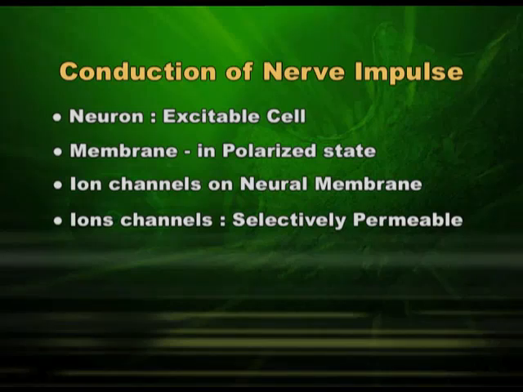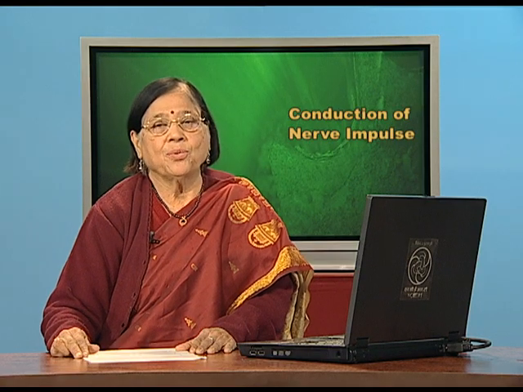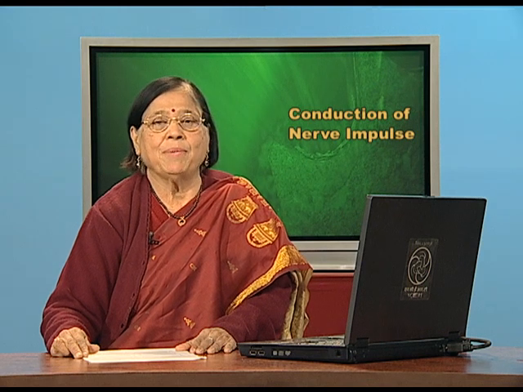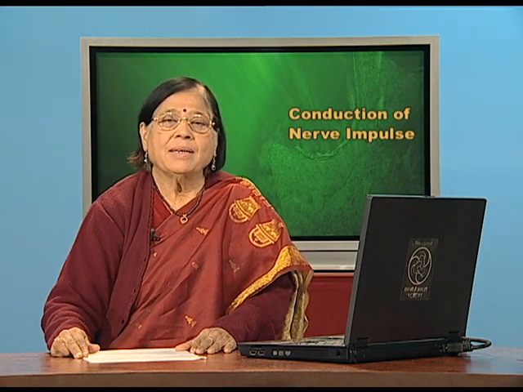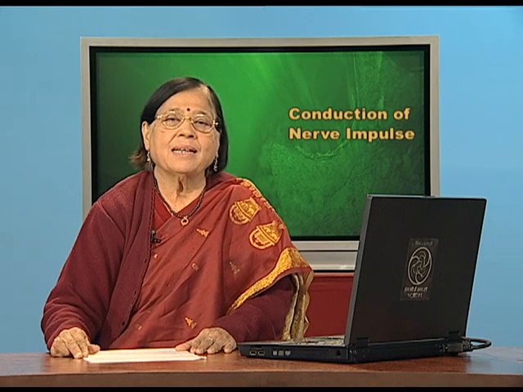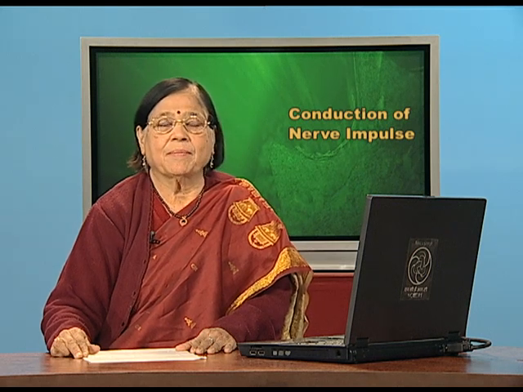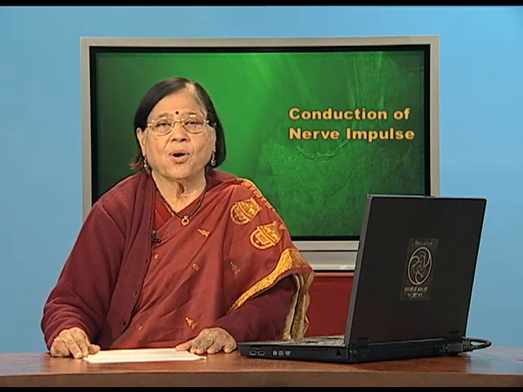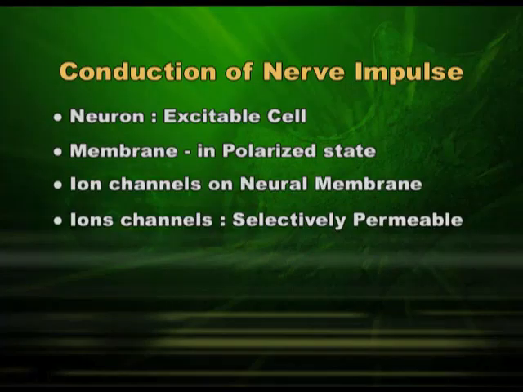The word selectively permeable implies that some ions can pass through and some ions may not be able to pass through, or some ions will pass under certain circumstances. Now, after knowing all these facts, we know that our neuron is an excitable cell, its membrane is in a polarized condition, and it has ion channels which are selectively permeable.